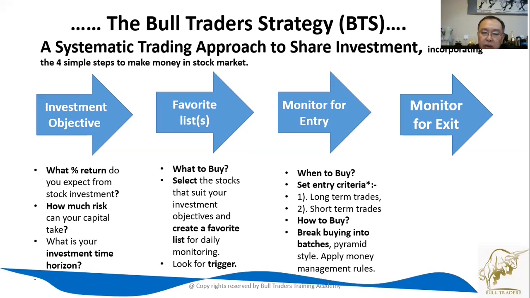Of course, you have to address the issue of how to buy. How to buy means that if you have only 20,000, how many stocks are you going to buy? To be efficient. If you have 100,000, how many stocks are you going to buy? What kind of stocks are you going to buy? If you have 1 million and above, how many stocks should you have in your portfolio?